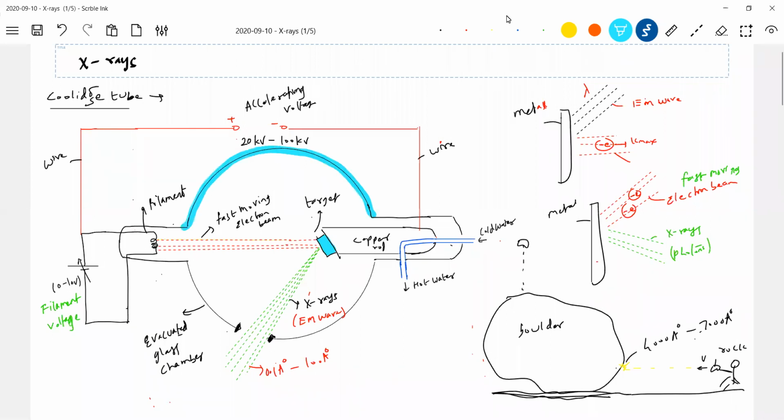This is a glass envelope, an evacuated glass chamber made of glass. I'll remove the air from it. Then next, there's a filament, or you can say a filament or electron gun.